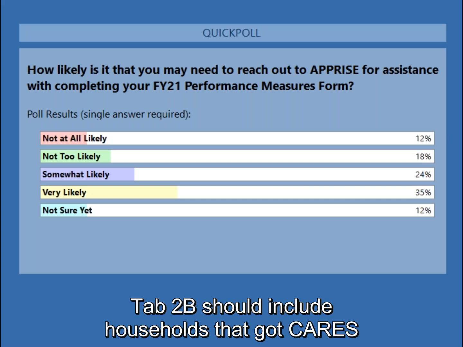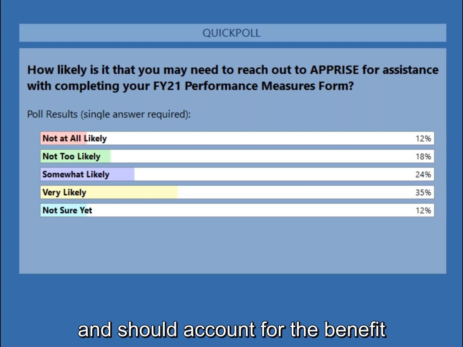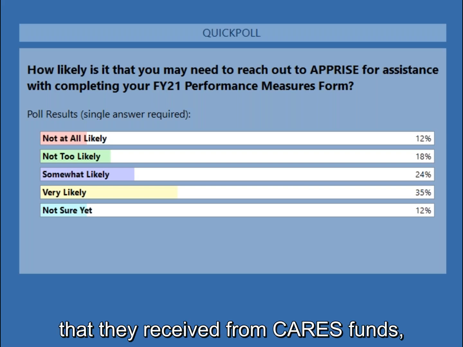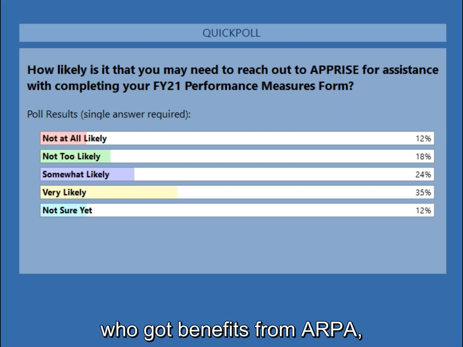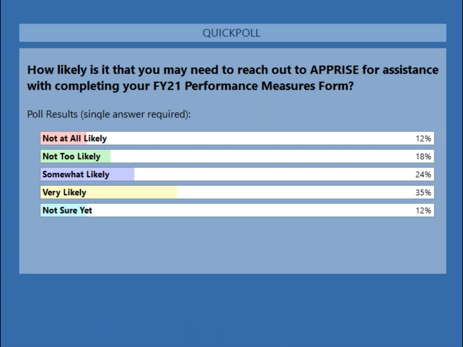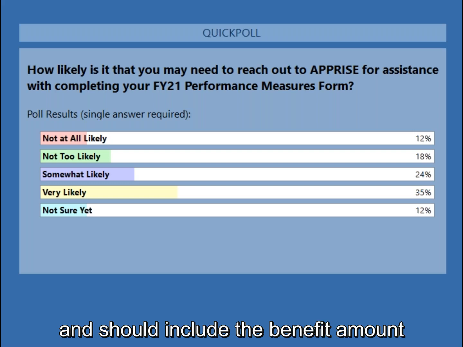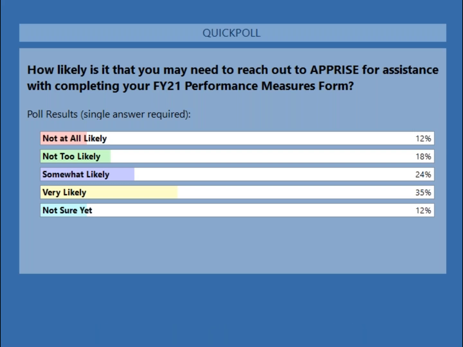Tab 2B should include households that got CARES and should account for the benefit that they received from CARES funds. And tab 2C should include households who got benefits from ARPA and should include the benefit amount that they got from ARPA, correct?